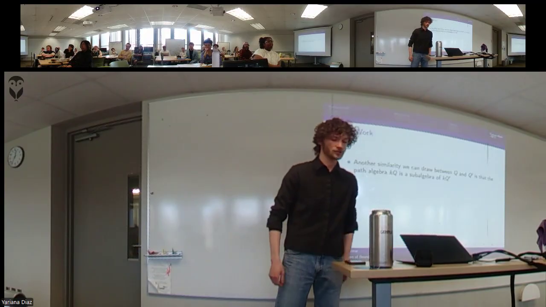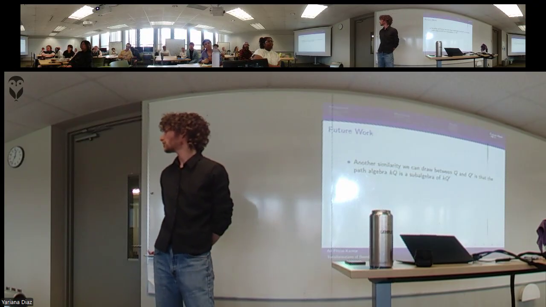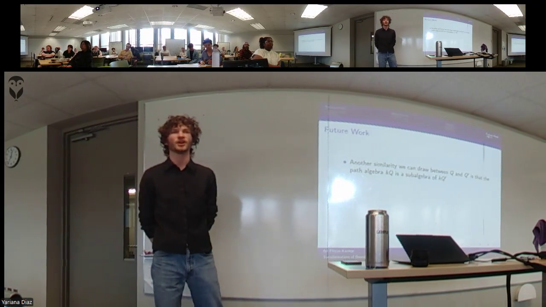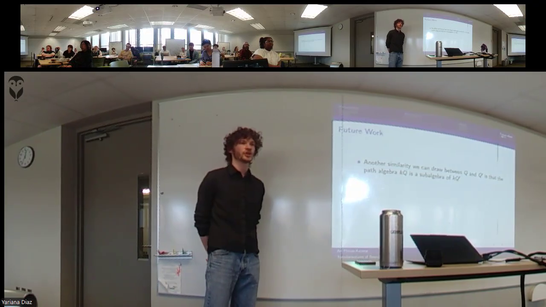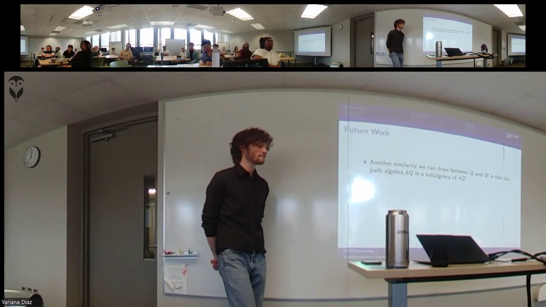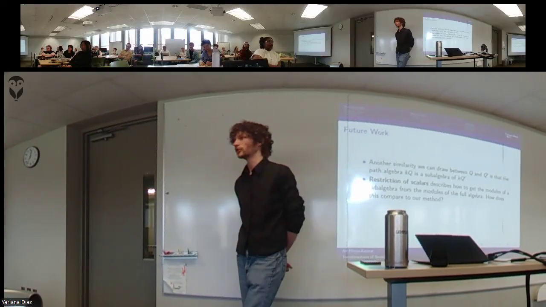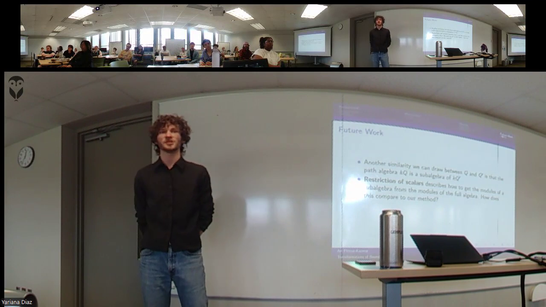One similarity between these quivers that we didn't talk about in this talk is that if we look at the path algebra of our bound quiver, it's isomorphic to a subalgebra of the path algebra of the transformed quiver. And we know that we can describe the representations of a quiver via the modules over its path algebra.